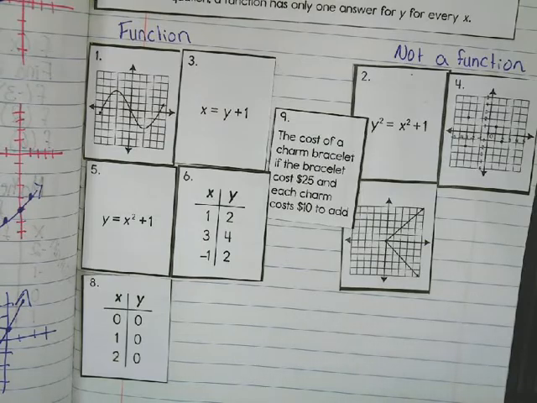Is there any other combination that I could do to get $45 besides 1 bracelet and 2 charms? No, because if they're set prices, it's not going to change. So nothing can repeat, so it will be a function.